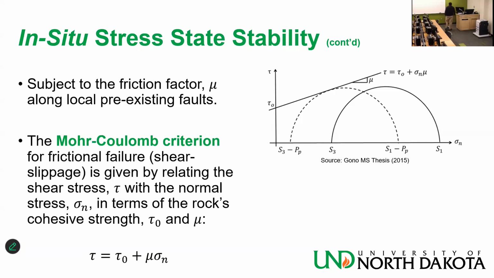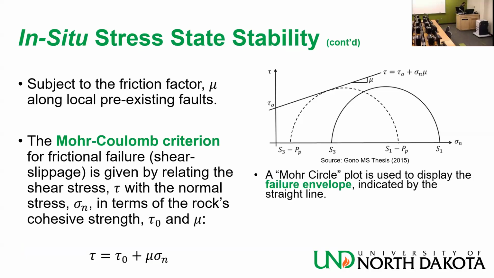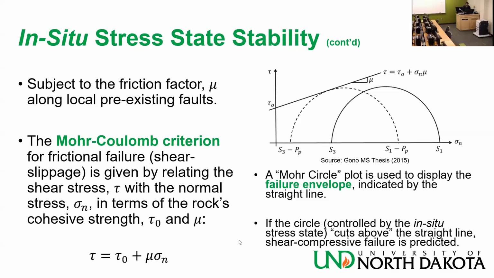I don't think he TA'd this class in 2024, I don't remember honestly, but he used a little bit more advanced failure criteria for shear. So the Mohr circle should not cut into the failure envelope, otherwise we have issues.